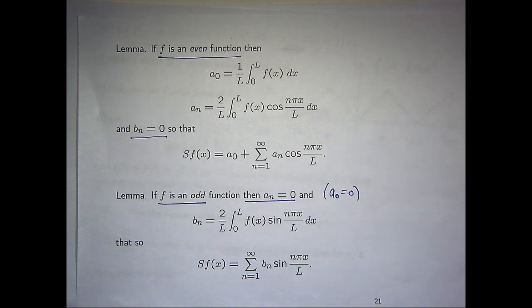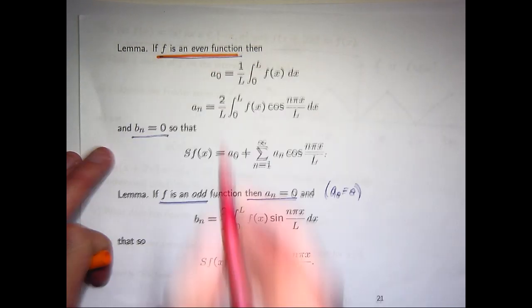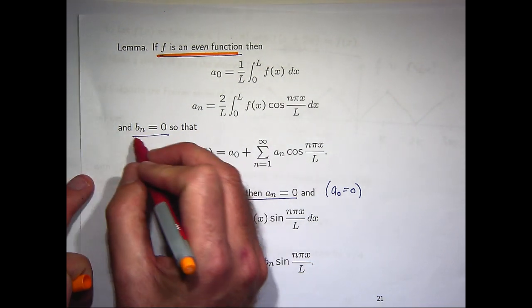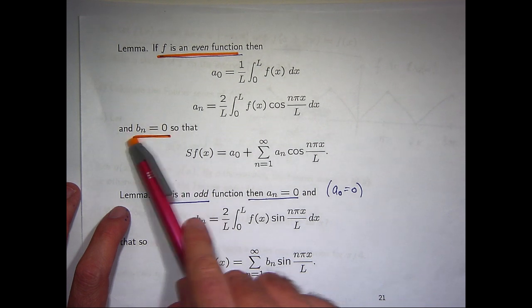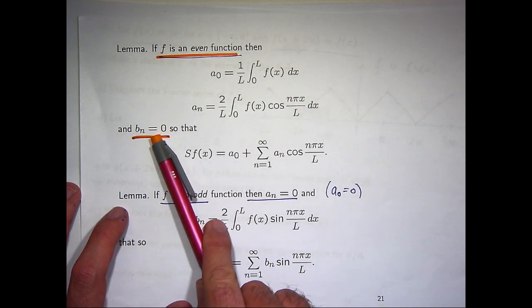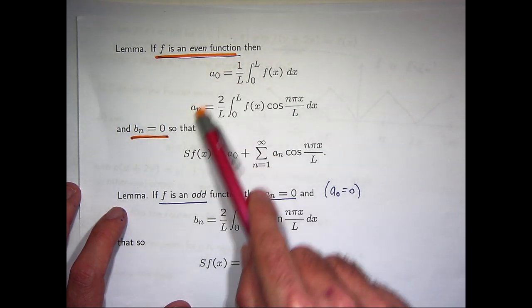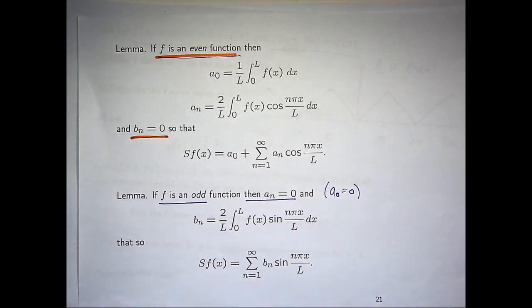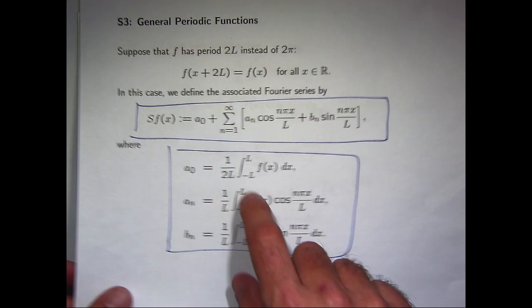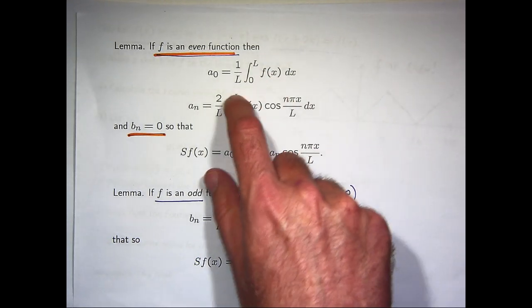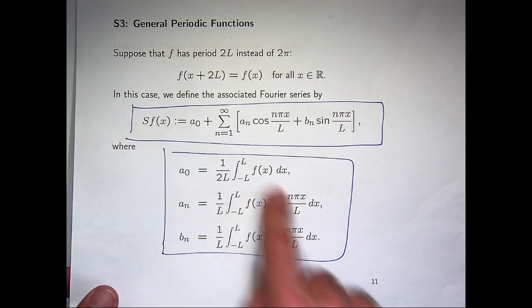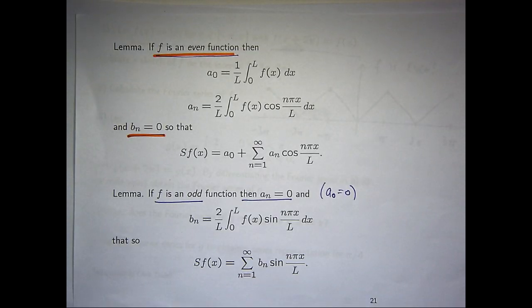This is an important lemma. If we have an even function, then we do get some simplification. The b sub n's in our formula are all 0, and we can calculate the a sub naught and the a sub n just by integrating from 0 to L instead of from minus L to L, and multiplying both of these formulae by 2.